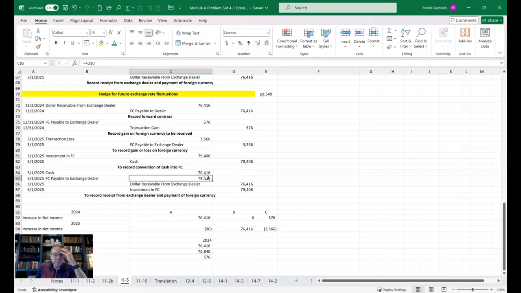The dealer, we have 79,406, 48,000 pounds equals 48,000 pounds here. All right. And so we're getting cash. We're releasing this obligation, the dollars that the dealer owes us. Okay. We're giving this 48,000 pounds to the dealer, and then our investment in foreign currency, which is the 48,000 pounds, that goes away.